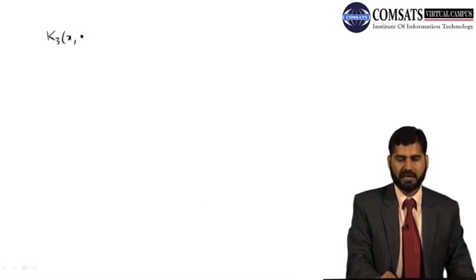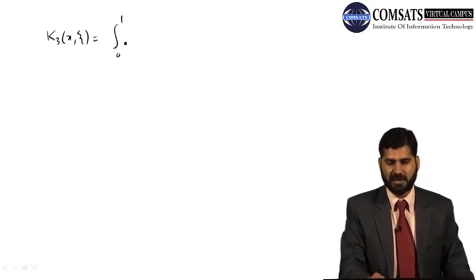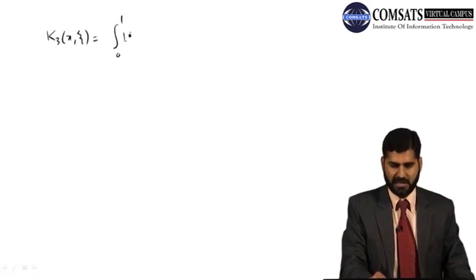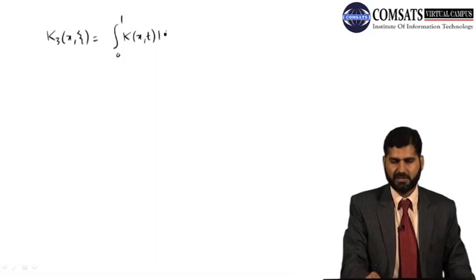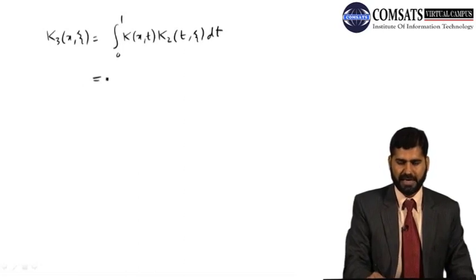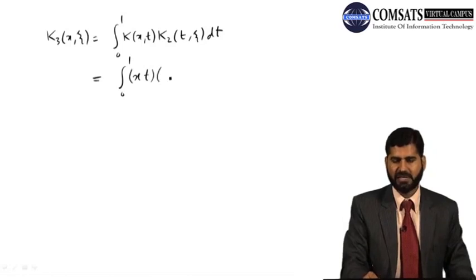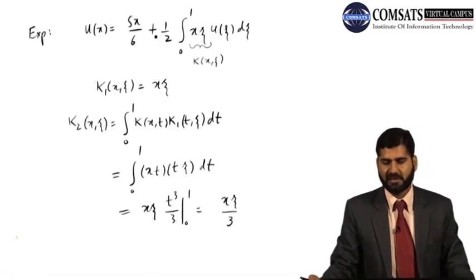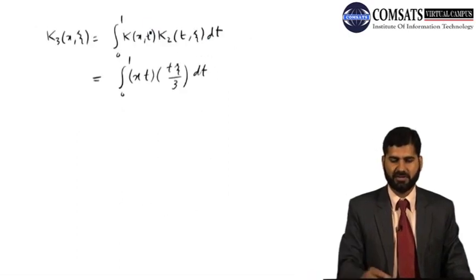This is your K2. Now K3. K3(x, xi) will be the integral from 0 to 1. Fredholm is easier than Volterra basically because your limits are constant, not variable. So this is K(x, t) K2(t, xi) dt. So K(x, t) is x t and K2(t, xi) is t xi by 3, right? See, K2 was x xi by 3, but now we have to write t xi, so it's t xi by 3.